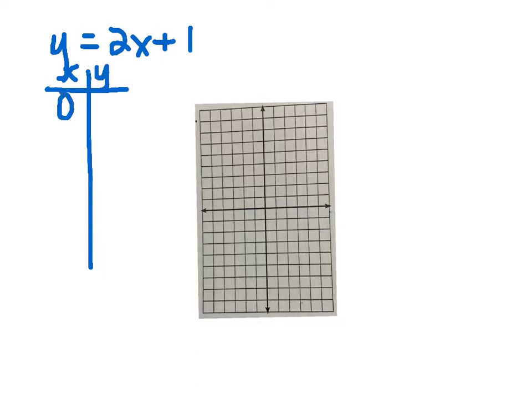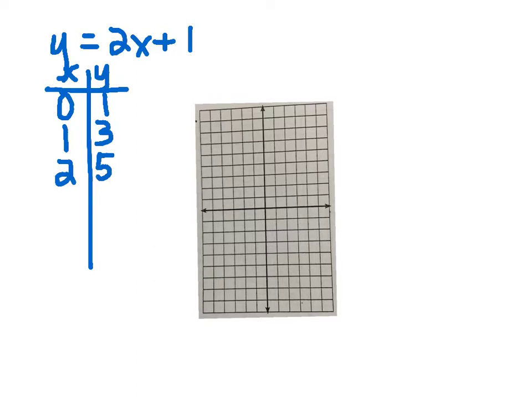If I plug in 0 for x, then y is 1. If I plug in 1 for x, 2 times 1 is 2, plus 1 more is 3. If I plug in 2 for x, 2 times 2 is 4, plus 1 is 5. So that means that each of these is a solution.